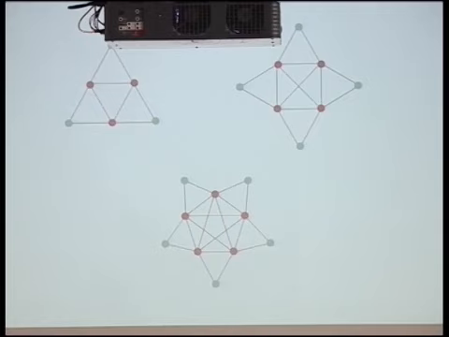Strongly chordal graphs are a subclass of chordal graphs where so-called suns are forbidden. A sun consists of a central clique and some vertices outside which have exactly two neighbors in the clique, and here you have the examples of the 3-sun, 4-sun, 5-sun, and so on. So strongly chordal graphs are simply sun-free chordal graphs.